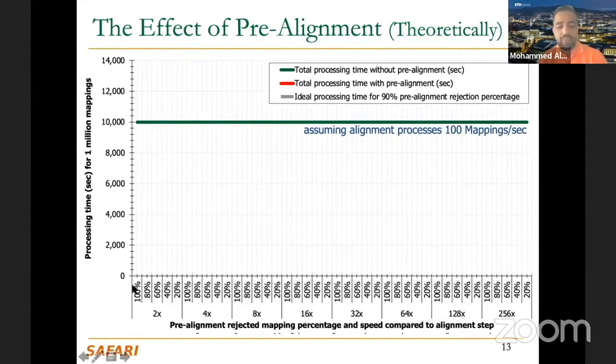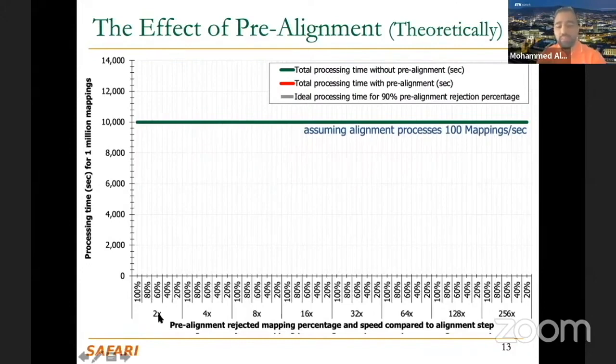The first row is the rejection ratio of the filter. So 100% means the ratio of the rejection: how many, or what percentage, of the input mappings or pairs get rejected by the filter. So we have 100% all the way to 20%.